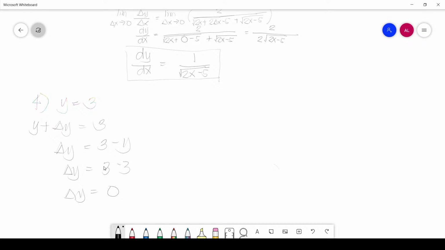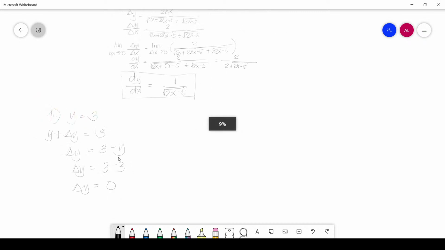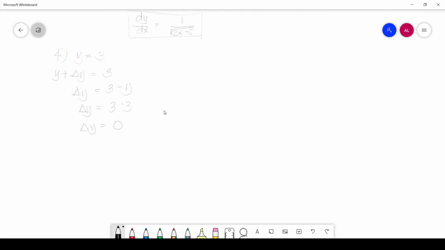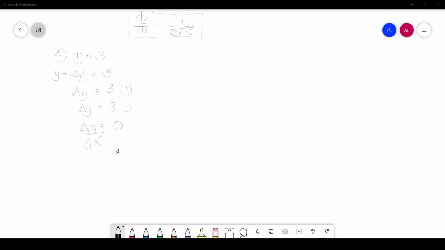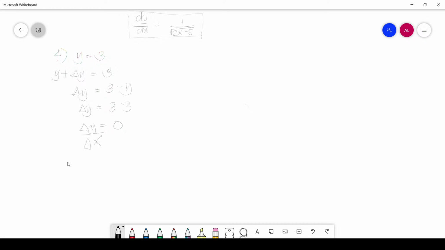So, divide the equation by delta x. Still the same, it is equal to 0. Okay, so the limit, always. Perform the limit.